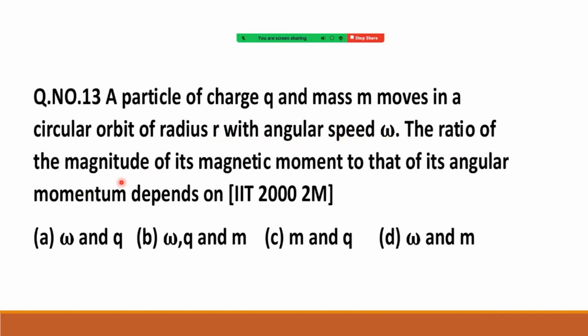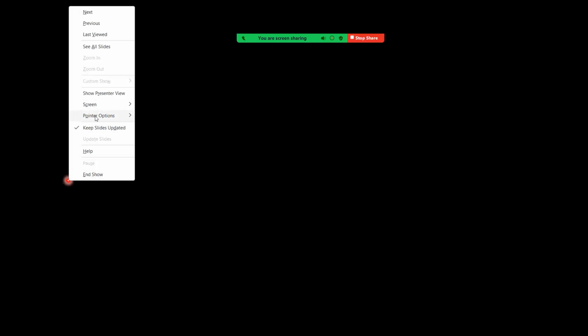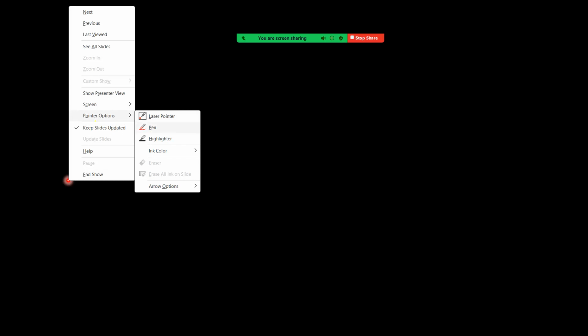The ratio of the magnitude of its magnetic moment to that of its angular momentum depends on. So again, same, right? Only the change is that it is now a particle which is moving in a circular path. That is the only change. Let us see the calculation once again.